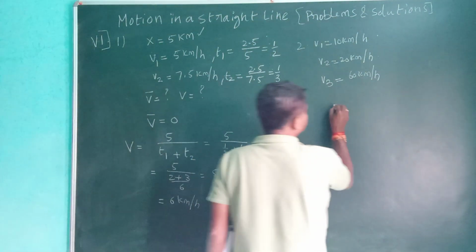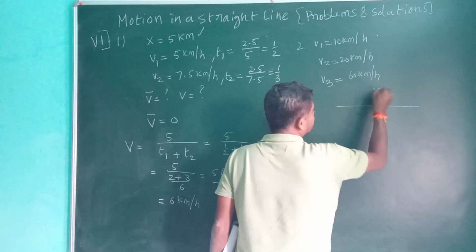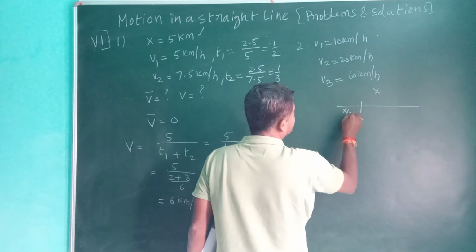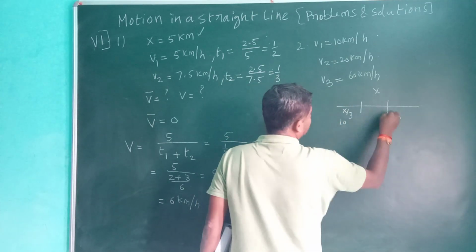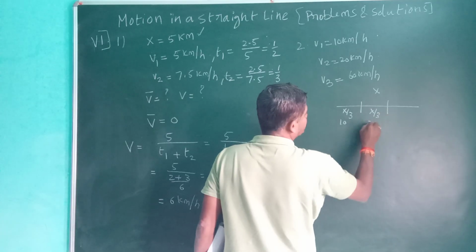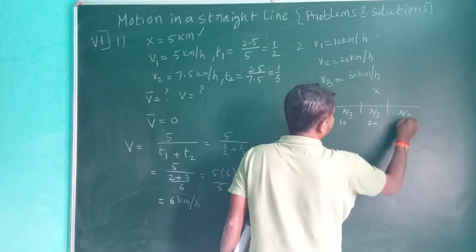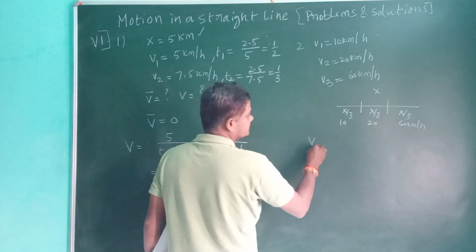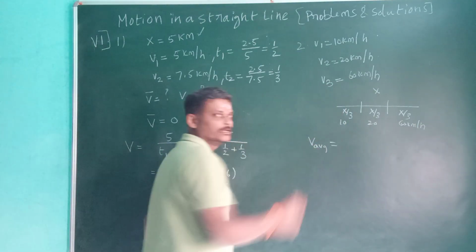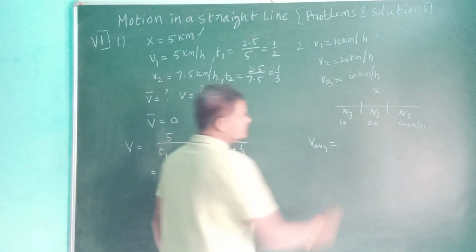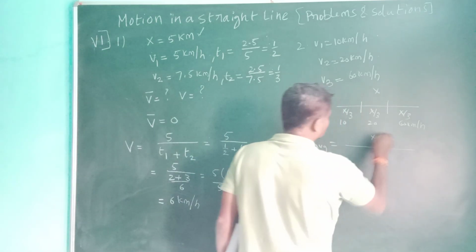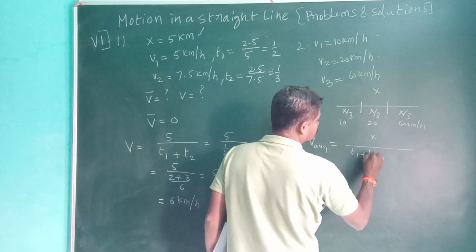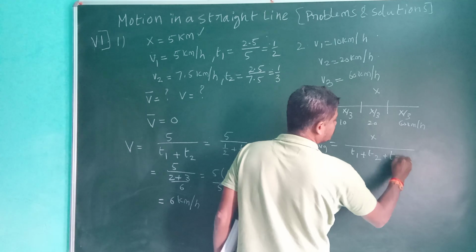Let the total distance traveled be x. Then x by 3 is traveled with 10, x by 3 with 20, and the remaining x by 3 with 60 km per hour. Average speed is the total distance by total time. Total distance is x, total time is t1 plus t2 plus t3.